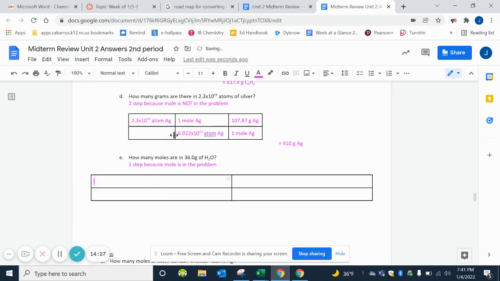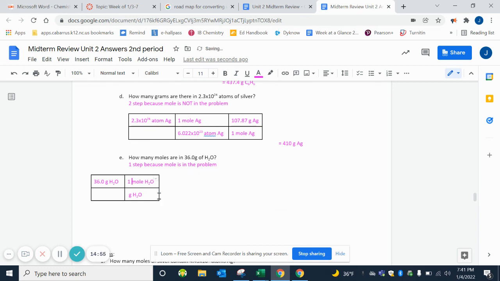We always start with the given, 36.0 grams of water. We're going to take our unit and our substance and bring it diagonally down to the bottom. Because mole is not on the bottom, we have to put mole on the top. One always goes with mole, and then the molar mass goes with grams.